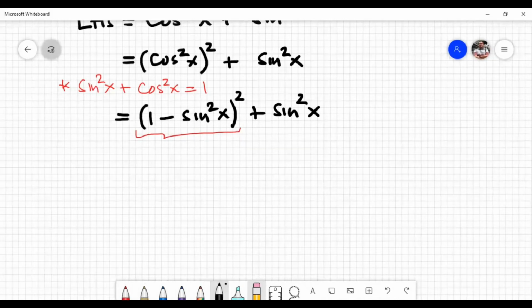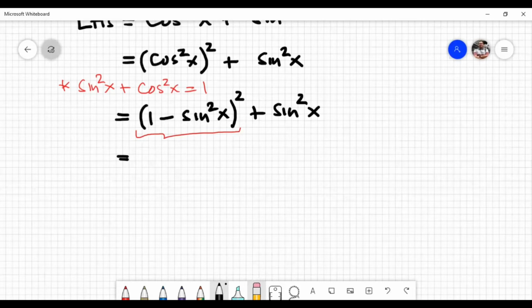Remember expansion? This is binomial expansion. We try to expand this. But of course, this is easy because the power is 2.